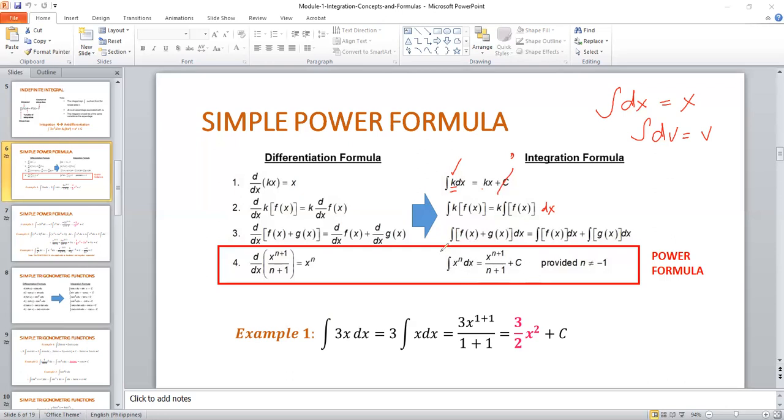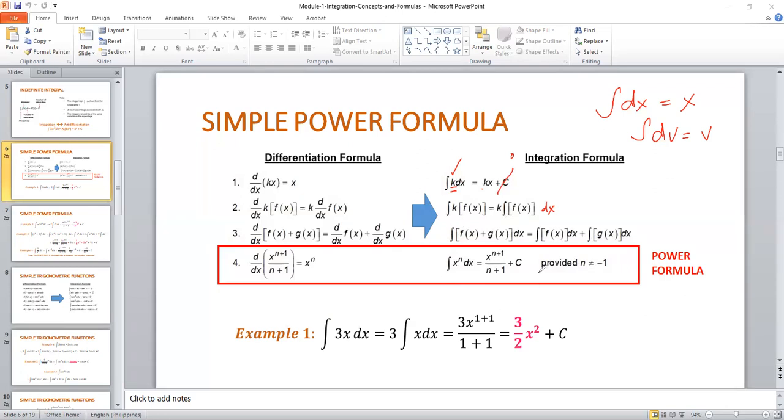You cannot use this power formula, the simple power formula, if n is equal to -1. That will be discussed in the next meetings because you'll be given a different formula to use. But in this case, all other n's, as long as n is any real number, can be processed using the simple power formula.